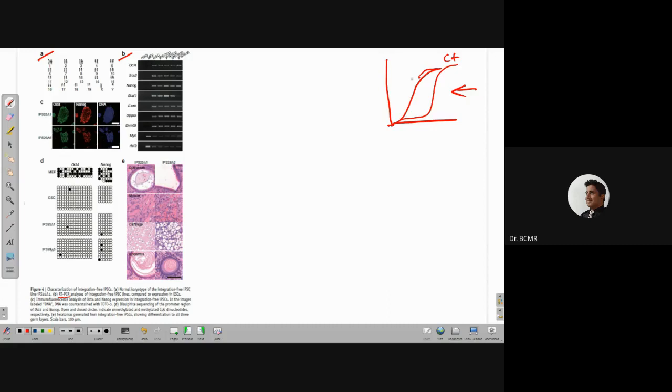For reverse transcriptase PCR, they would have shown the gel like this. That means they have taken mRNA, they have performed reverse transcription, and upon that, they have used gene-specific PCR, and then they would have loaded on the gel, and then they would show it. Okay, so here it is for OCT4 in different cell lines.